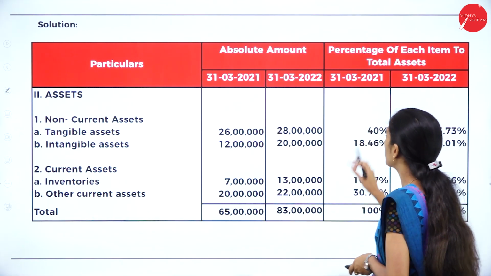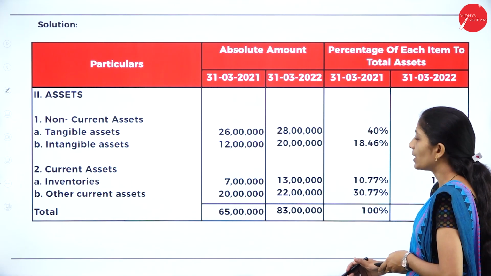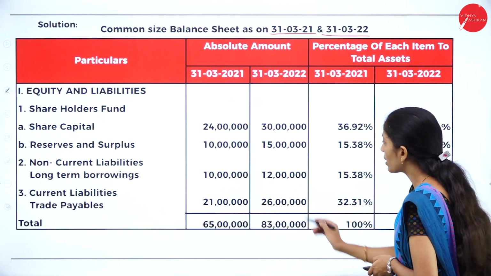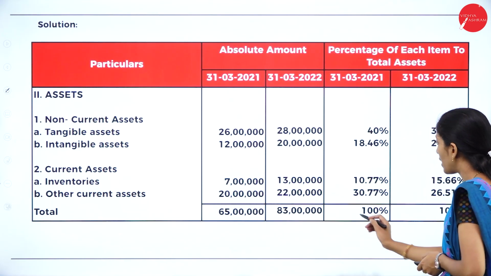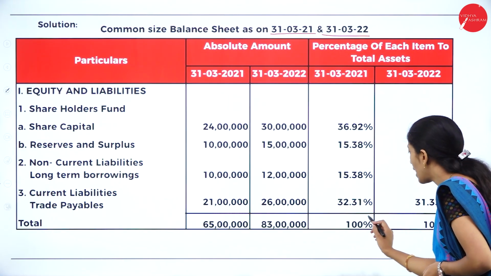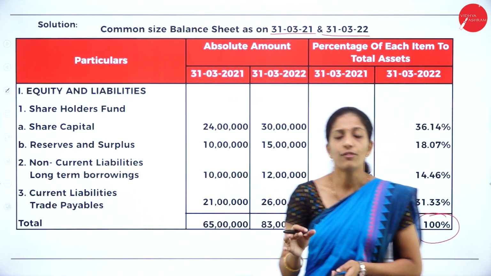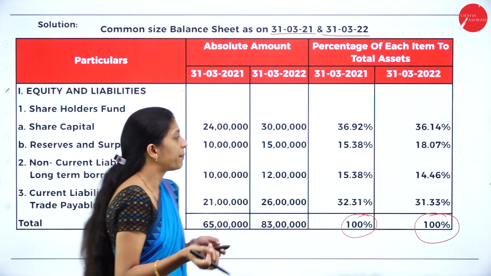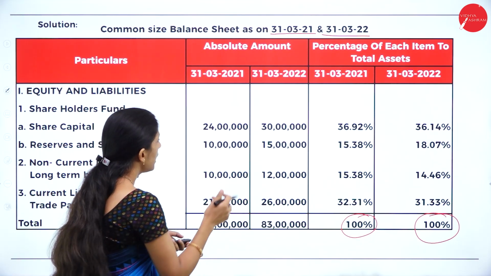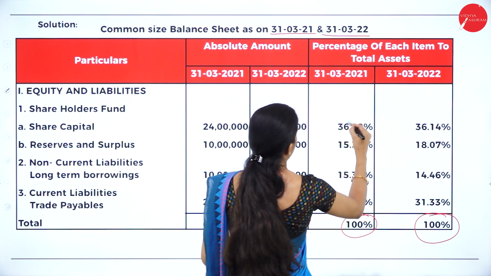Now how to find out the percentage? For the total of liabilities and total of assets, you have to put it as 100%. Now how to find out this percentage?